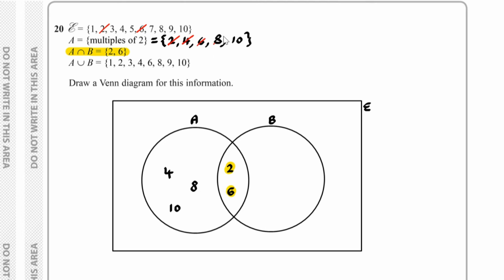So let's cross those out. And what will go in B? Well, I've already used the 2, I've already used the 6, I've used the 4, I've used the 8 and I've used the 10. So what goes in B only will be 1, 3 and 9.